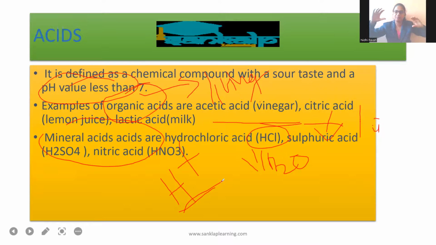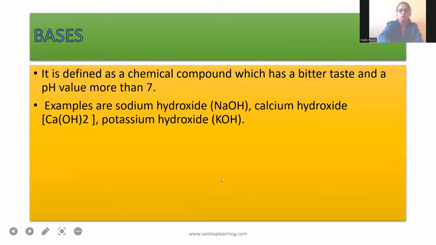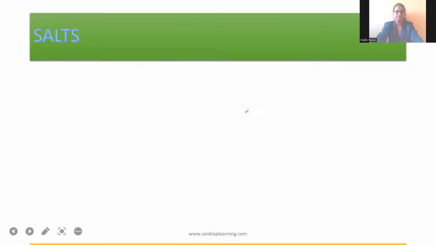Compared to the strong acid, the H plus amount is less, so such acids are called weak acids. Similarly, bases which give more OH minus ions in aqueous solution are called strong bases. The bases which give fewer OH minus ions are called weak bases.